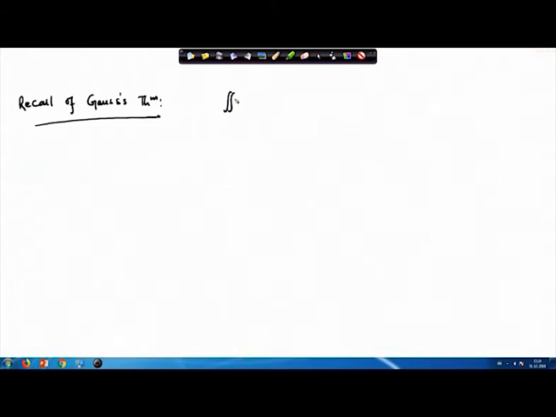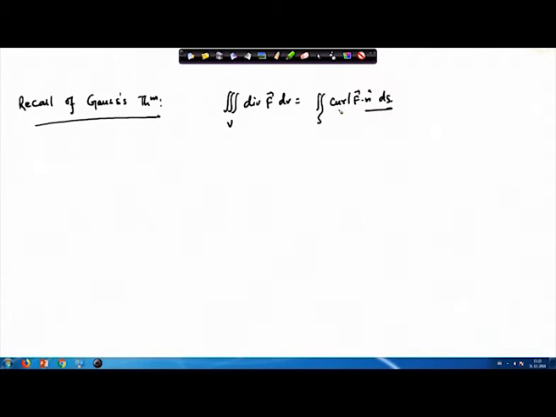So, today we will start with one example on Gauss divergence theorem. In the statement of the Gauss divergence theorem, you remember that if f is any vector function, then the volume integral over V of divergence of f dV equals the surface integral of f dot n dS.